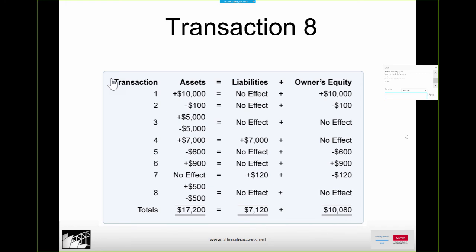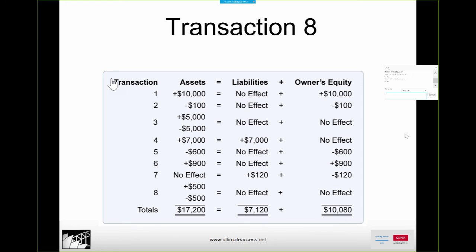Right? And what was this 120? Do you remember? What was this 120 they're talking about? It is an expense, isn't it? It's an expense that we have not paid.